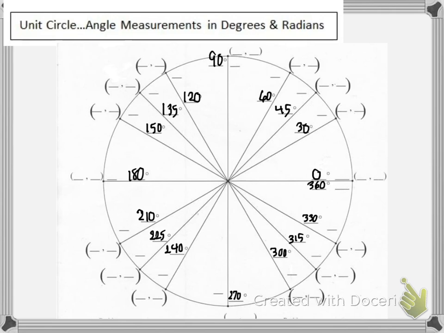And if that doesn't end up with 0, 180, and 360 where you know they should be, then you know you've got troubles. Okay, let's go back and talk radians.